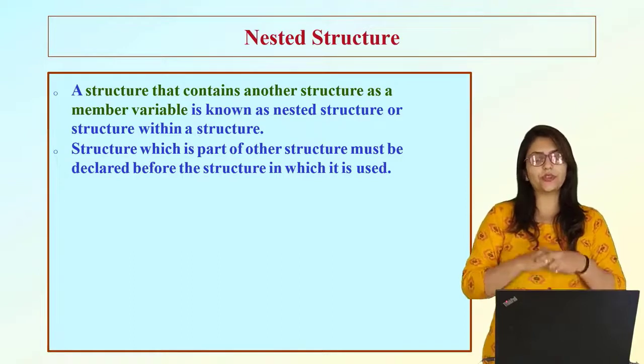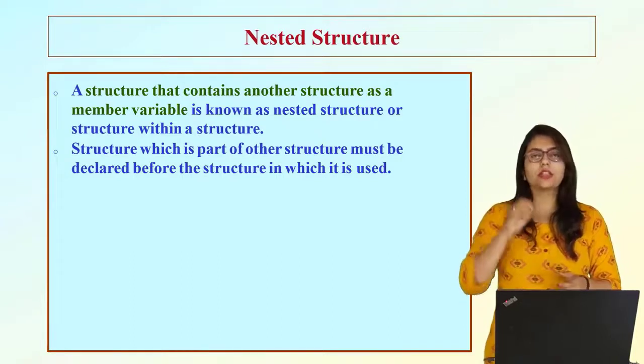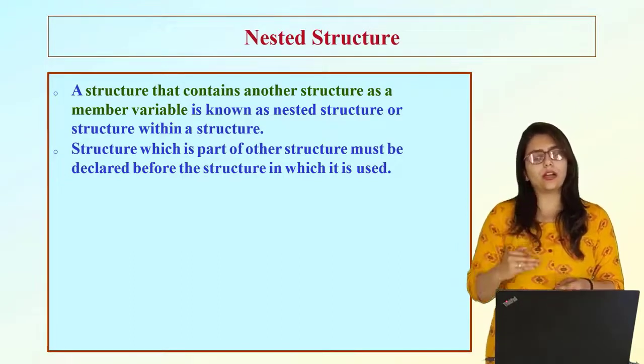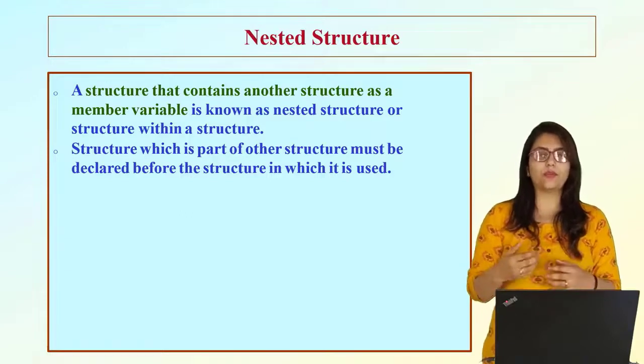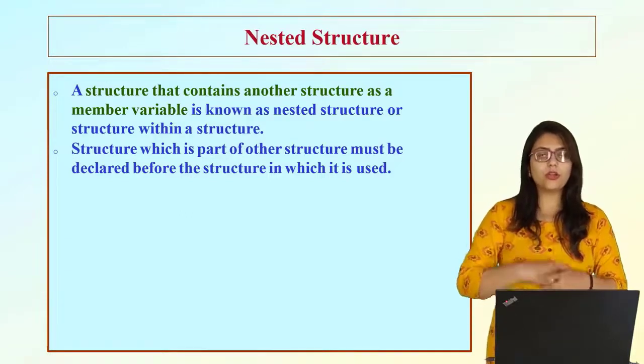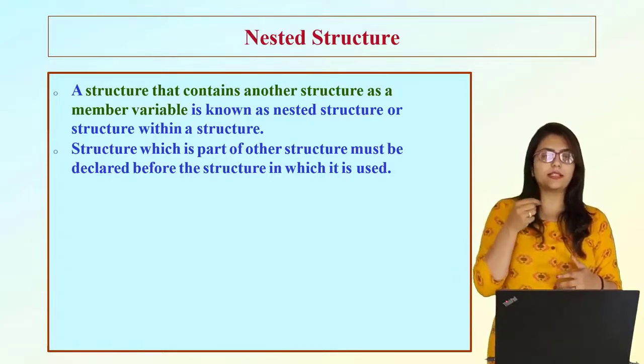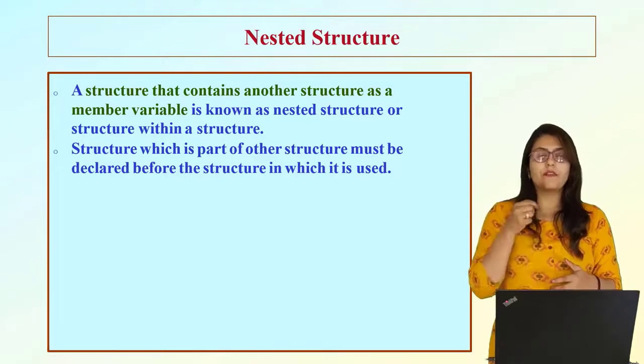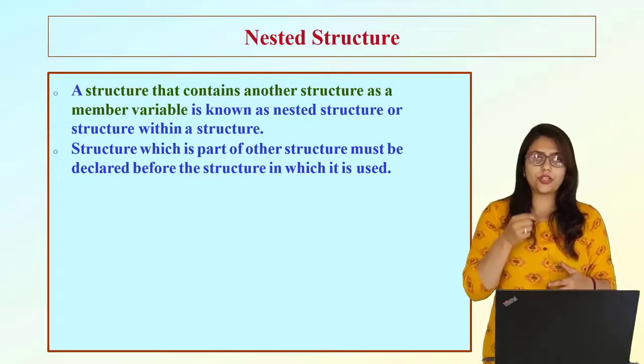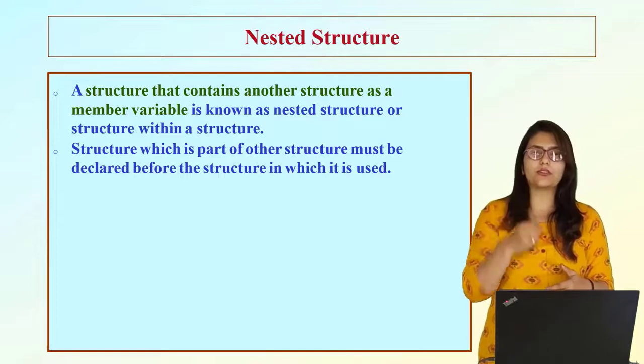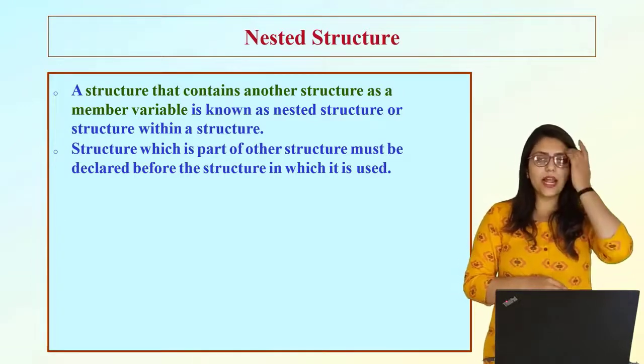But the condition is that the structure we are going to use in another structure must be declared before it. So if you are using structure 1 inside structure 2, while declaring structure 2, you have to first declare structure 1. That is the rule.